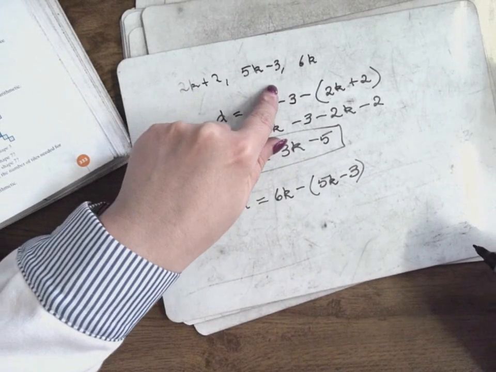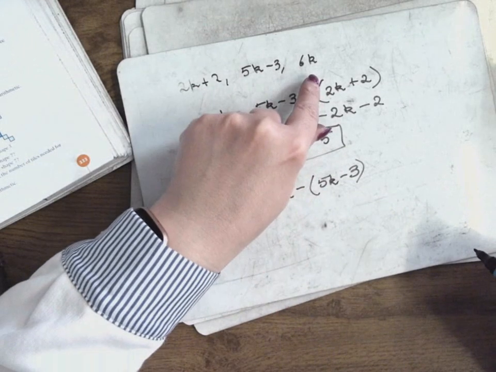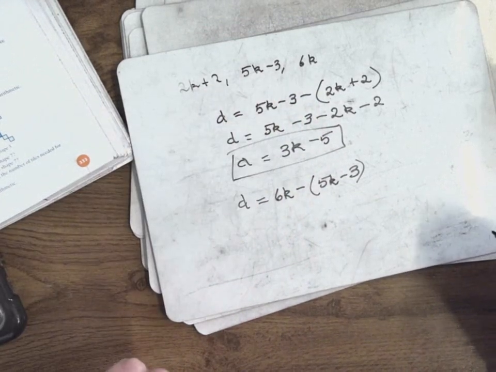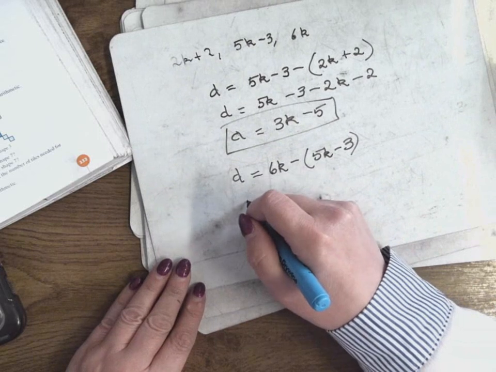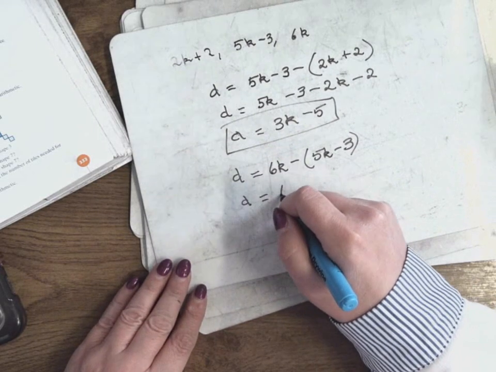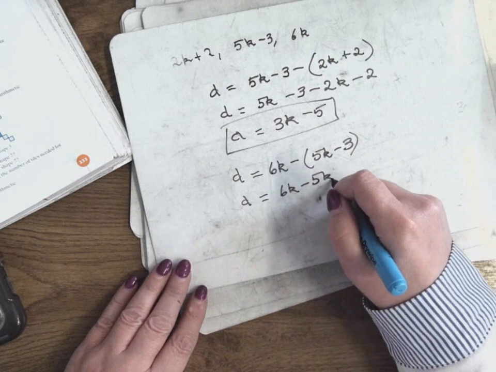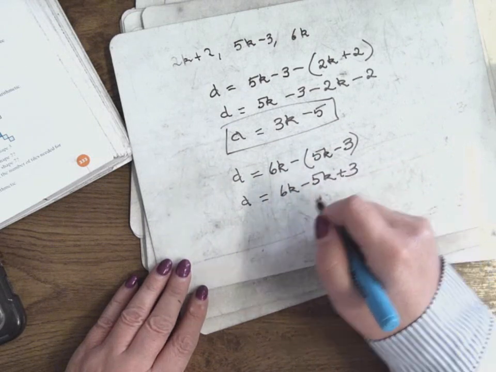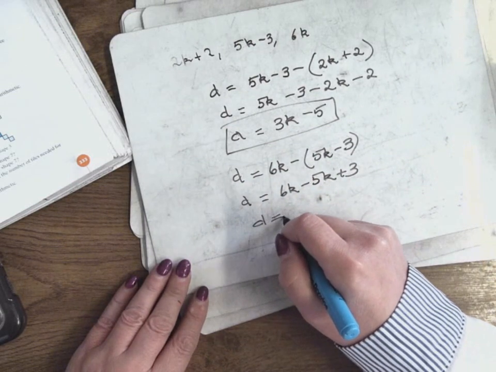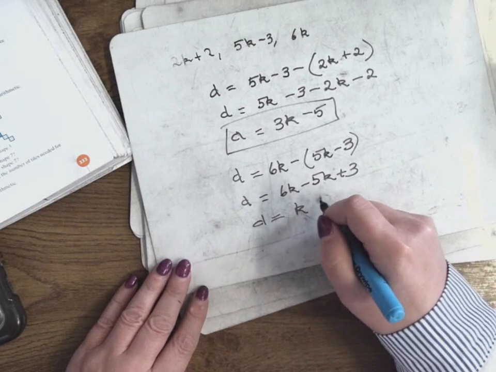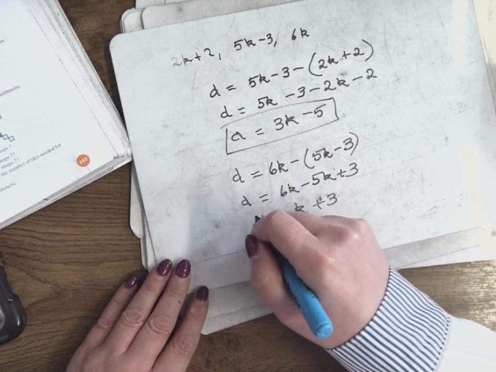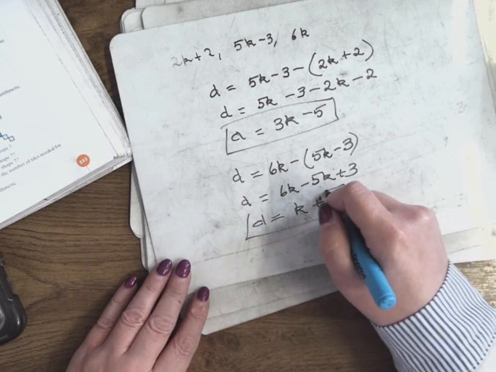It's any term, take away the previous term. So any term, take away the previous term will give you D. Working that out, D would be 6k minus 5k plus 3. So that means D would be equal to k plus 3. Agreed?